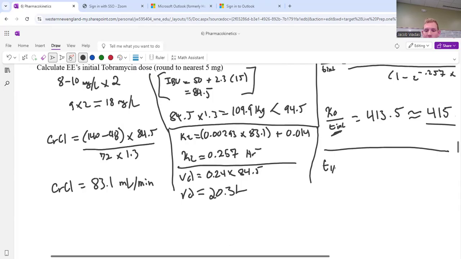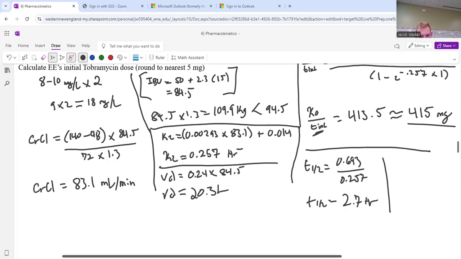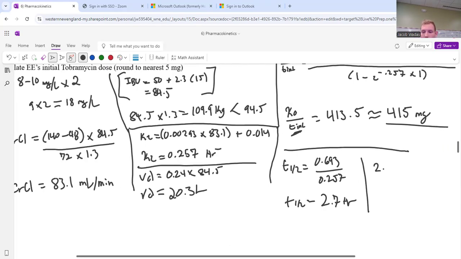So T half-life is going to be 0.693 over 0.257, so the T half-life equals 2.7 hours. And then time to steady state is going to be 2.7 hours times 4.